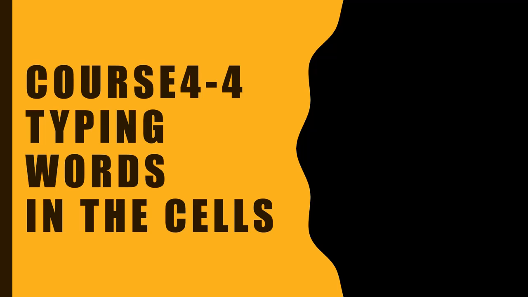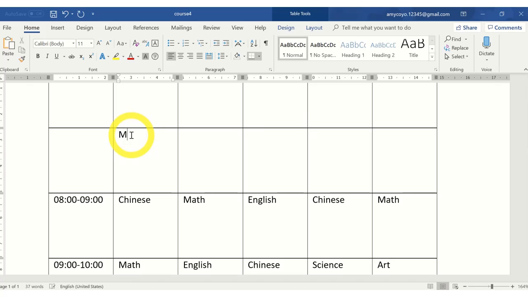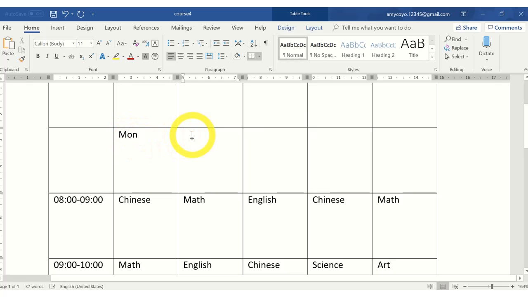At Course 4.4, I will show you how to type words in the cells. First, click the place you want to type and type some words inside. And you can also change the word style.